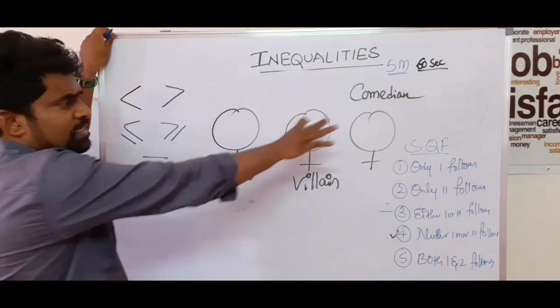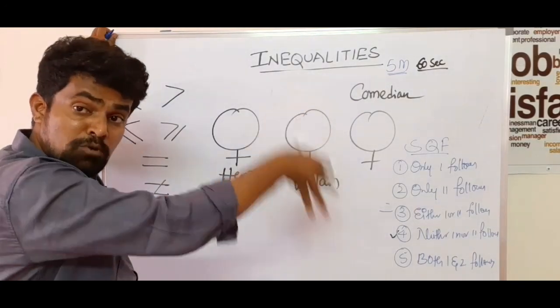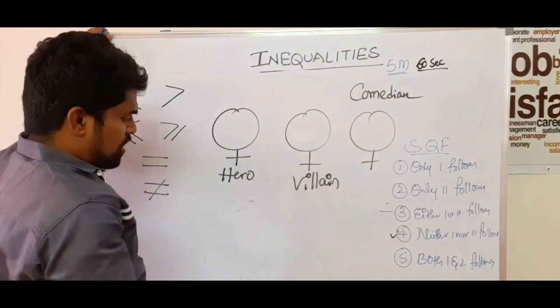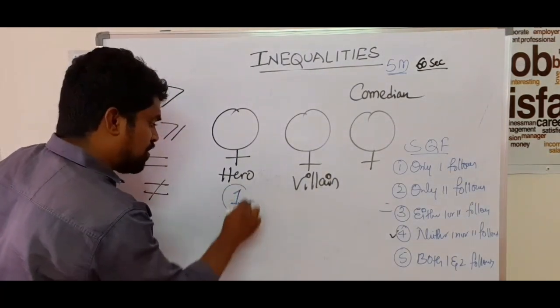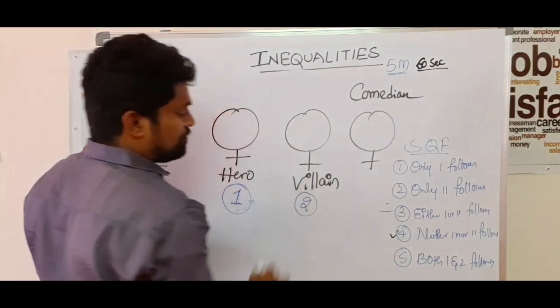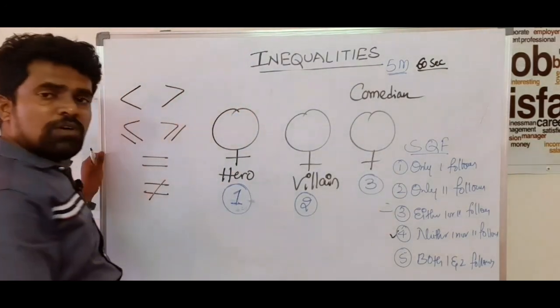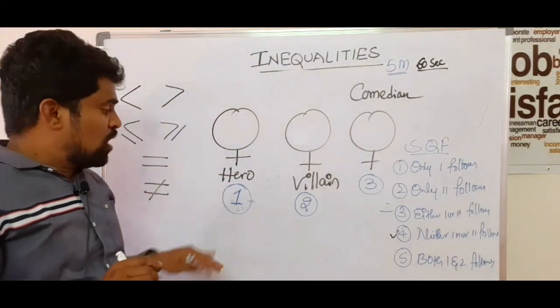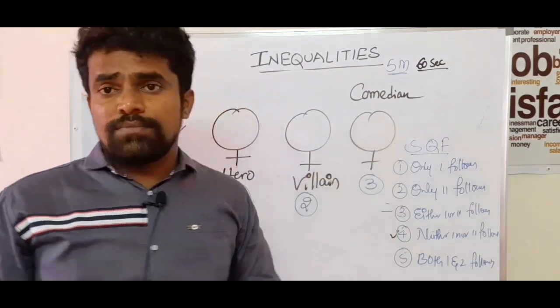Generally, of these three characters, who plays the most important role in films? Absolutely hero. So hero plays the vital position. Hero is number one position, number two position goes to villain, and the last position goes to comedian. So here we have only three characters: one is hero, second is villain, and third is a comedian.